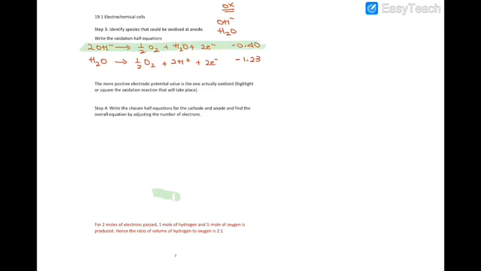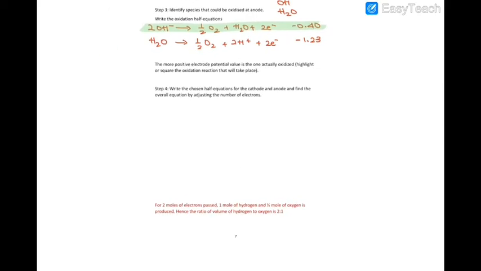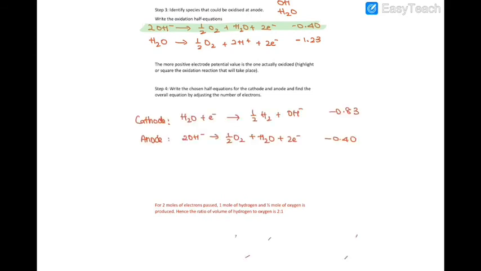So I've already decided which reaction will take place at the anode and which reaction will take place at the cathode. I'm going to combine these two equations now. These are the two equations that we've decided will take place as they have the more positive electrode potential values. I will adjust the number of electrons so that I can combine these two equations.